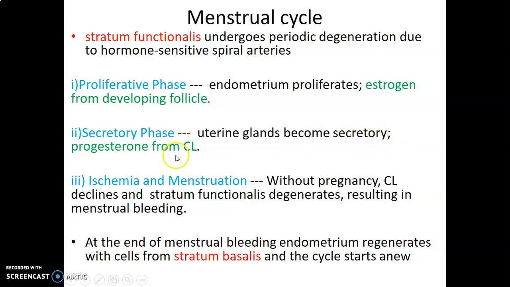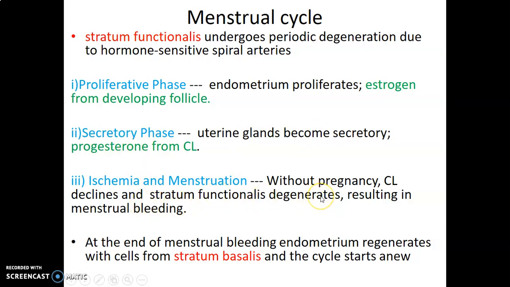Then, if pregnancy does not occur, ischemia will occur, leading to menstruation or shedding off of this uterine wall that has been building up. So without pregnancy, the corpus luteum declines, progesterone is no longer available to continue building the uterine wall, so the stratum functionalis will degenerate because the spiral vessels will undergo vasospasm.